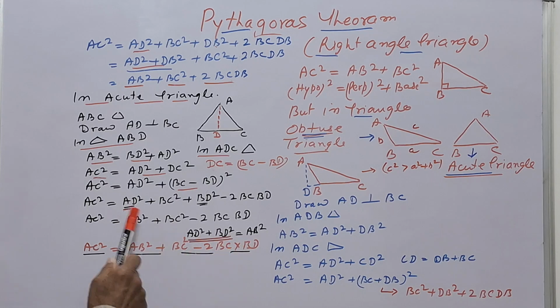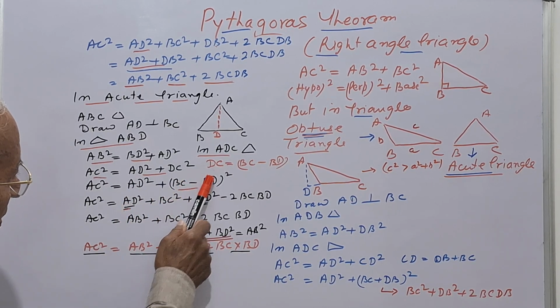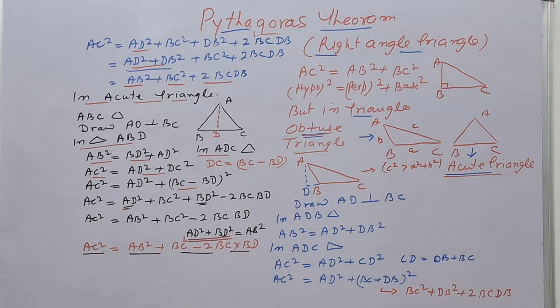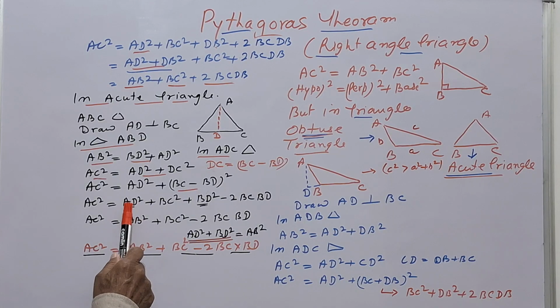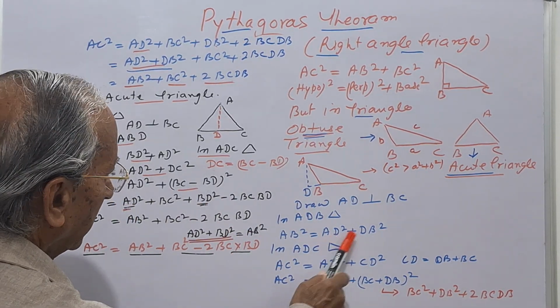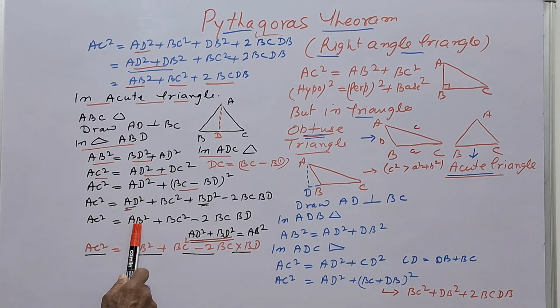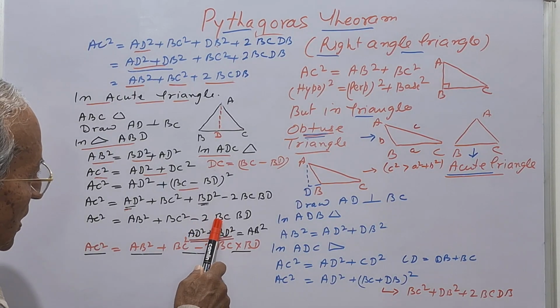And when you open it, AD square plus BC square plus BD square minus 2 BC BD. Now here again, AD square plus BD square is equal to AB square, then AC square is equal to AB square plus BC square minus 2 BC into BD.